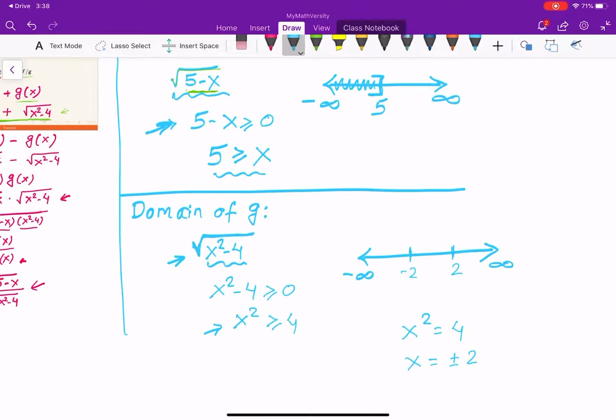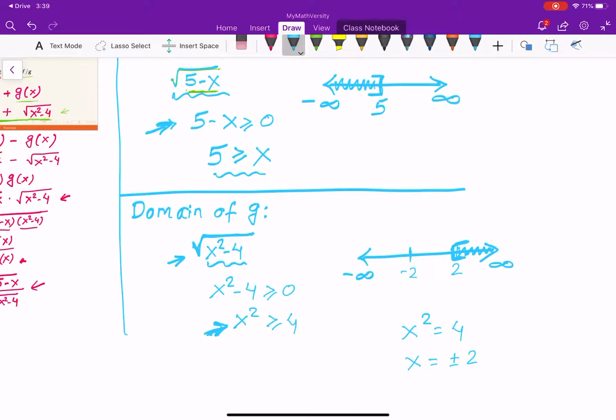So that is in the domain of the function. But not only that, if you choose any real number which is greater than or equal to 2 and square that, you'll always get a quantity greater than or equal to 4. So these numbers are in the domain of the function.